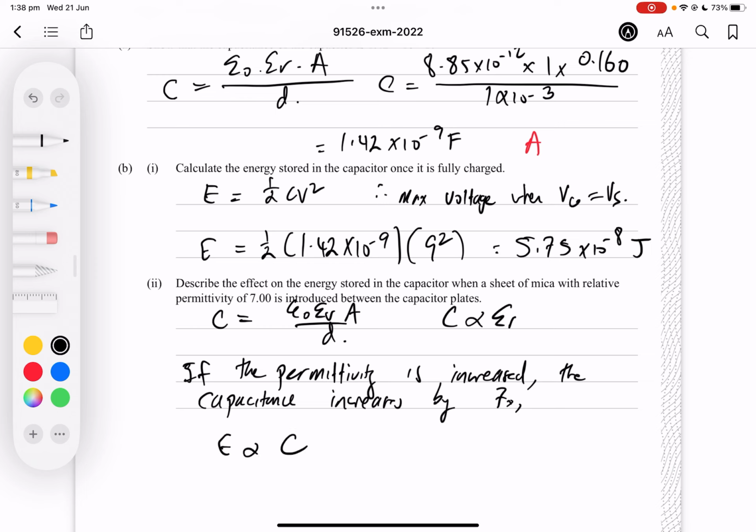Energy is proportional to the capacitance, so therefore at the max voltage, the energy will increase by 7 times.